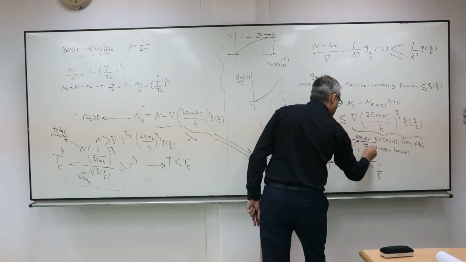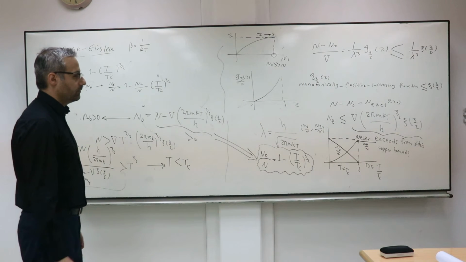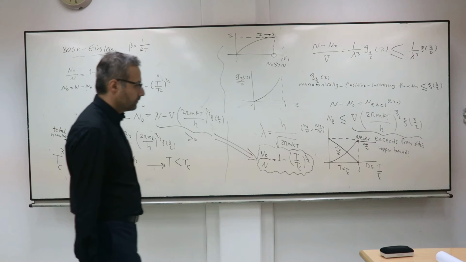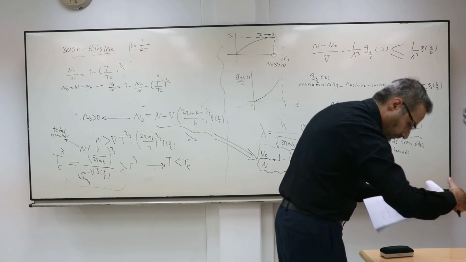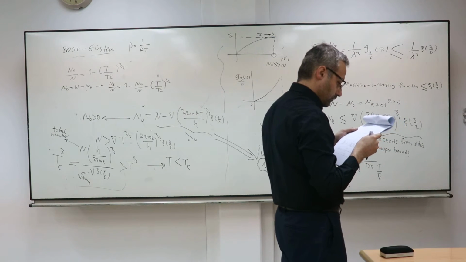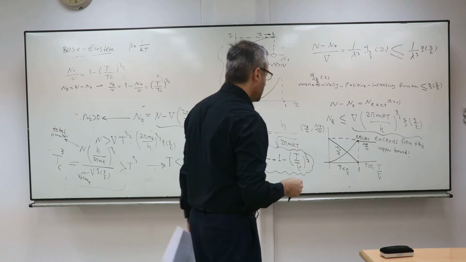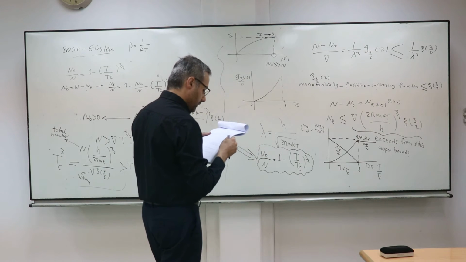So this is n here, this is the n0 over n, and this is the n0 over n.